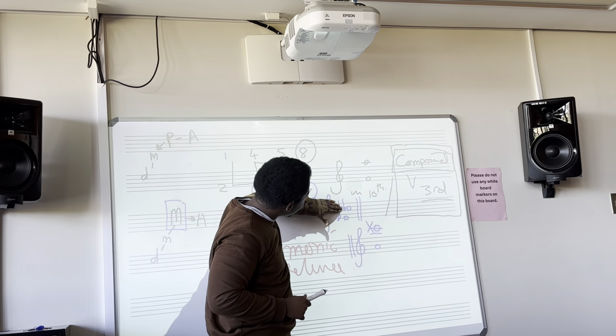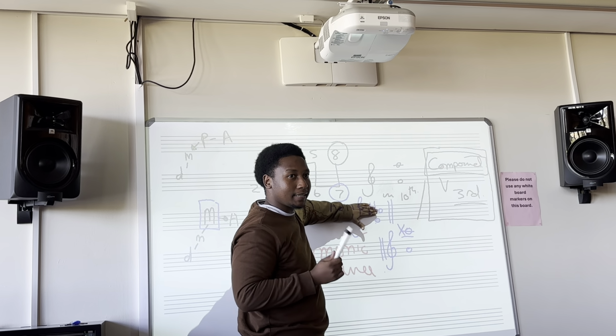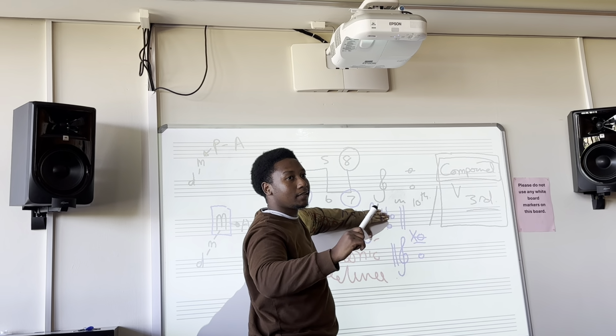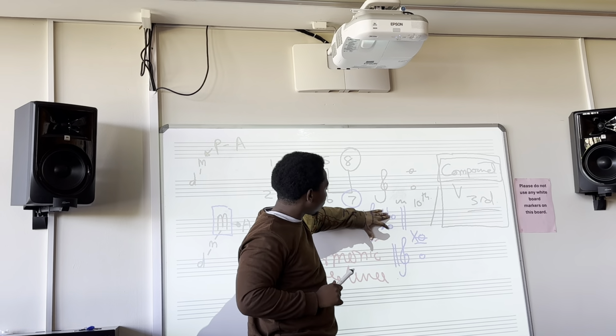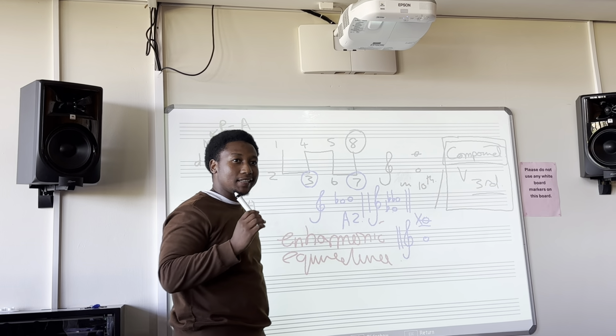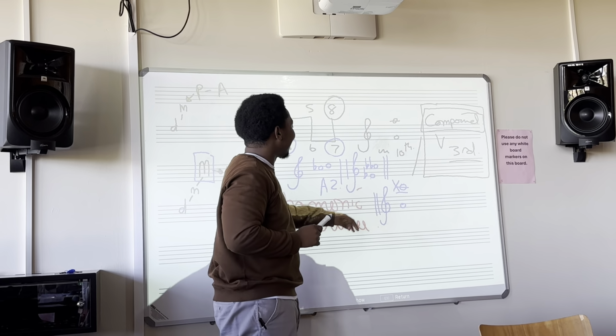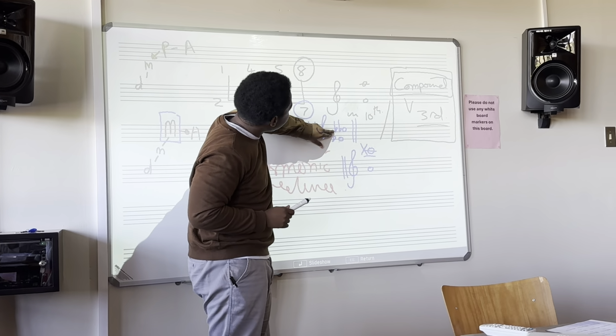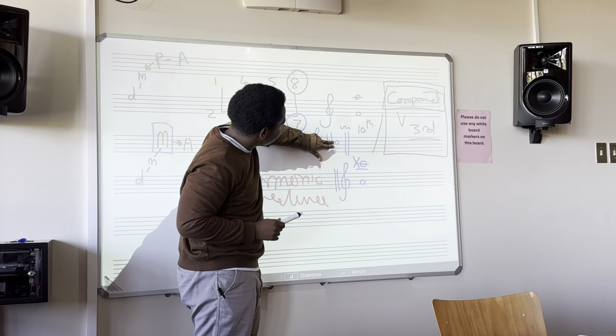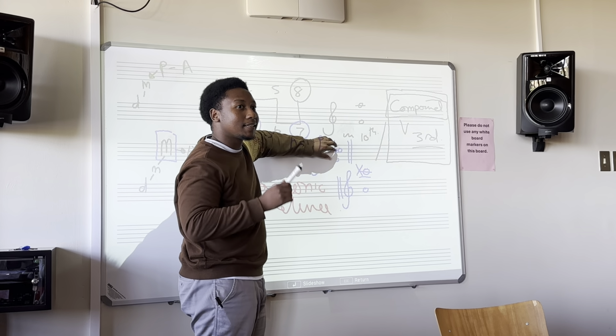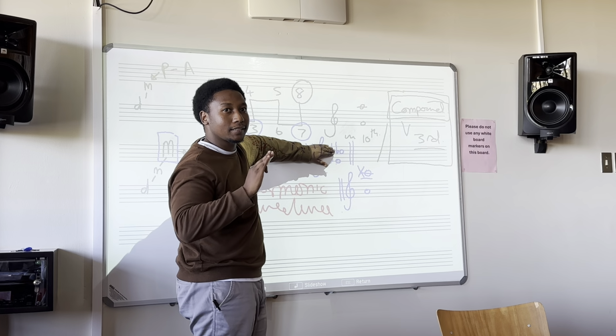In E flat major, if I don't have these flats, it would be C. Do I have C in the key of E flat major? Yes, we do have it, but it's a natural. If I remove these two flats and I have C, does C exist in E flat major as is?